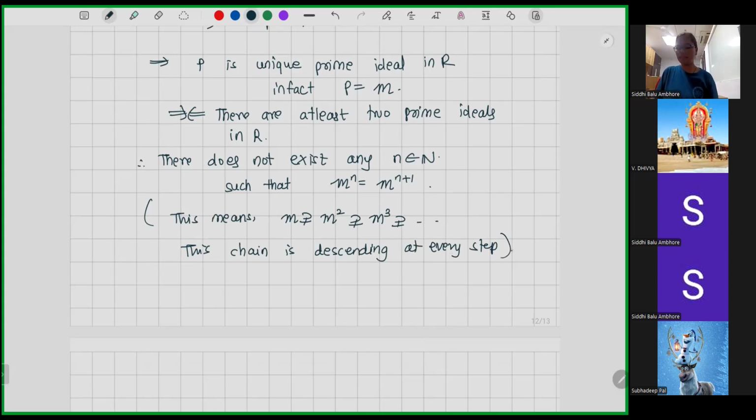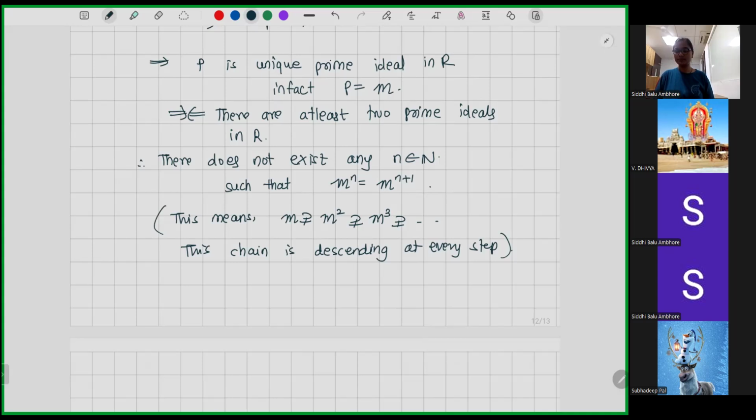Okay. Any doubts? This is a descending chain. This is not an ascending chain. Noetherianness talks about the ascending chain. So this is a descending chain.